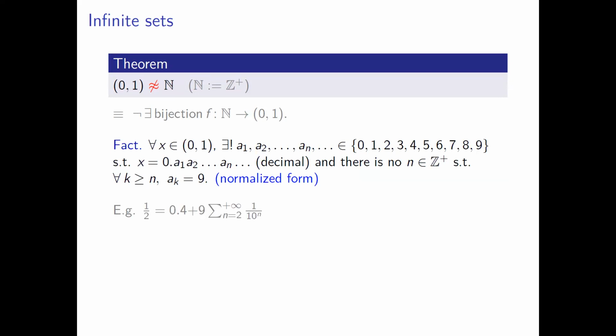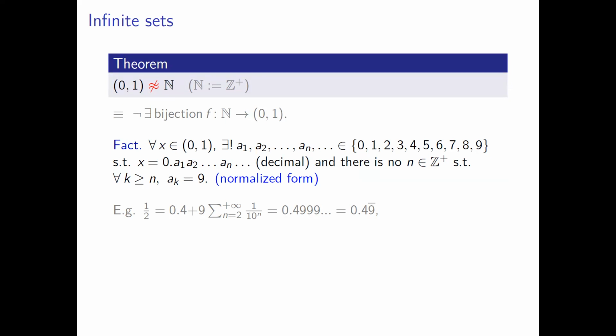For example, using the formula for the sum of an infinite geometric series, the number 1/2 can be written as 0.4 plus 9 times the summation of 1 over 10 raised to n from 2 to positive infinity. In decimal form, this is equal to 0.4999 and so on.